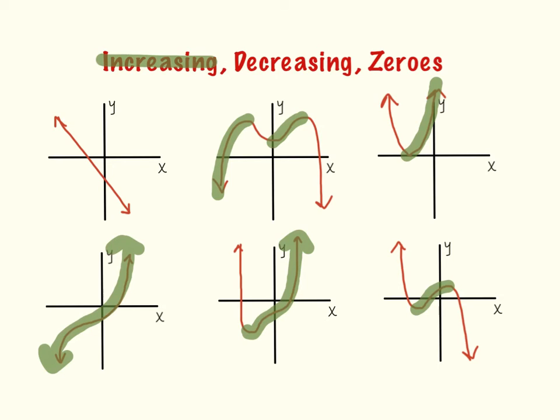Now, what about decreasing? So let's talk about decreasing. Decreasing goes from upper left to bottom right. So this whole graph is decreasing.